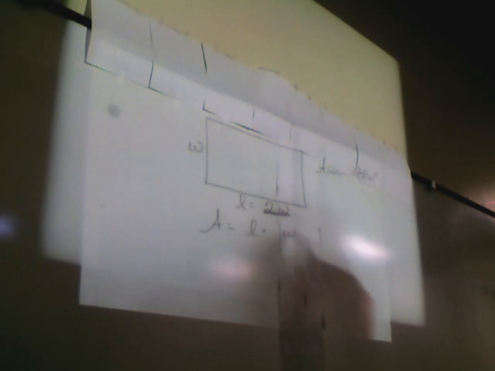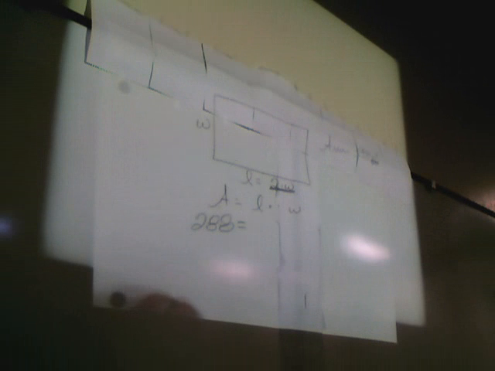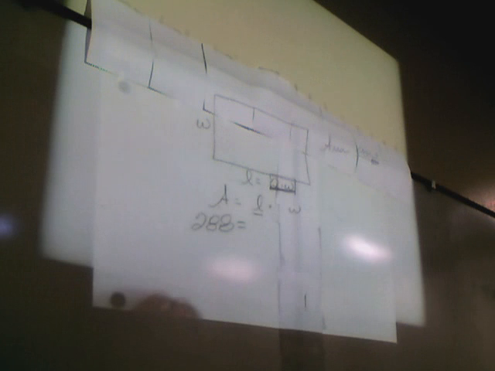It says the area is 288 square inches, so we'll put that where the A is, 288. We'll just remember the square inches and work with our numbers. Instead of L, we're going to write 2W, and then times W.